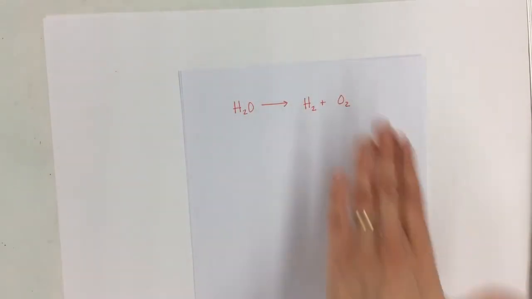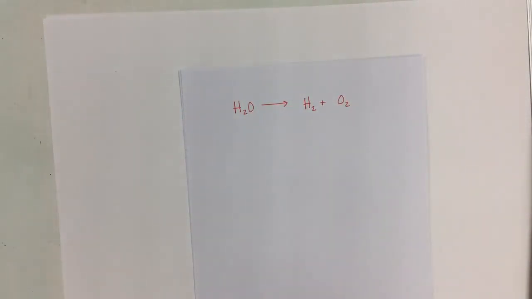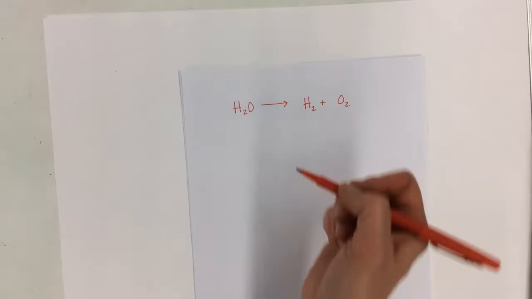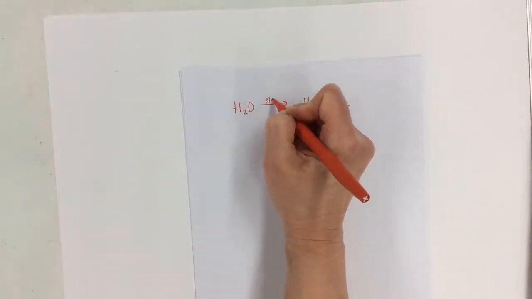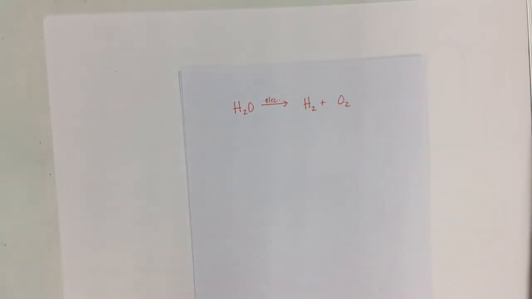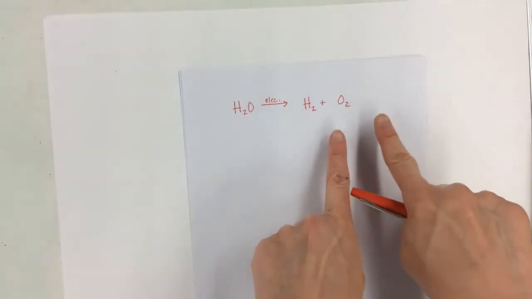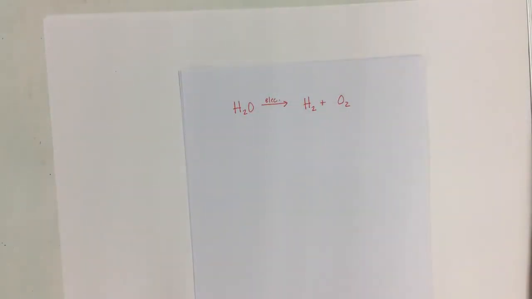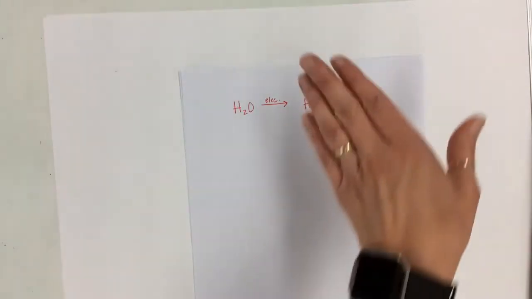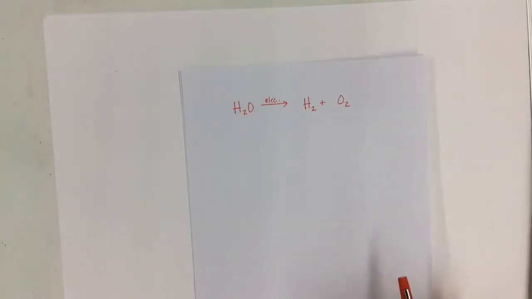But this is a decomposition reaction. Now, it doesn't happen spontaneously, right? So we would maybe have to add electricity, and that would separate those. So that's an example of a decomposition reaction, when one substance decomposes into component pieces. You have one thing breaking down into two or more.